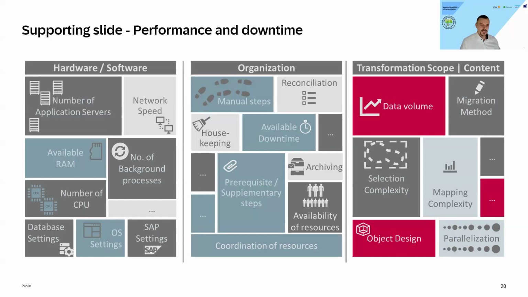Really what we are seeing here on the left side is all the topics about hardware and the software itself. Then we come to our organizational part. And on the right side, we see everything around the data migration and the transformation itself. But first, starting on the left side, we are talking here not about any tool, any migration at all.